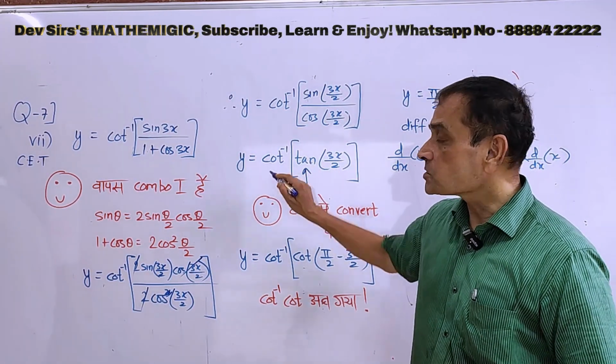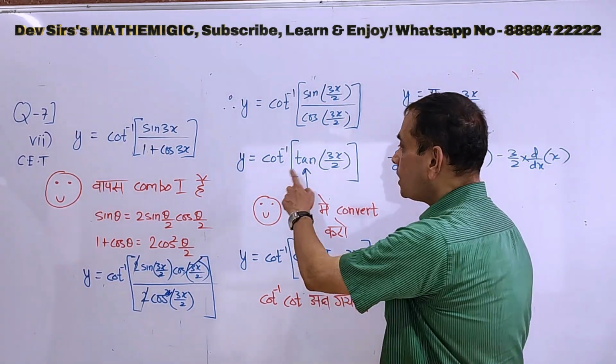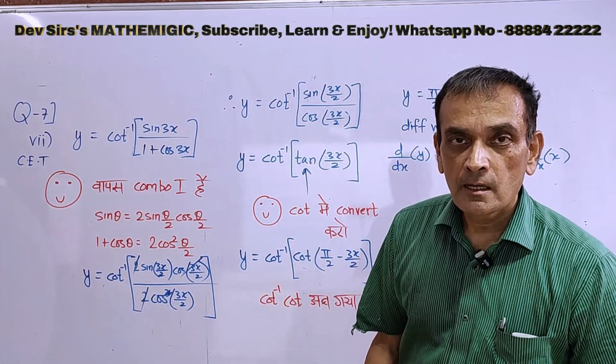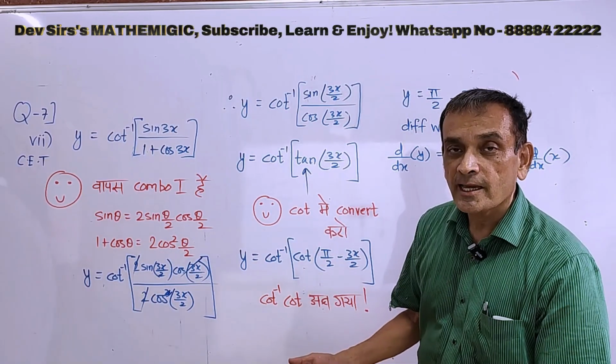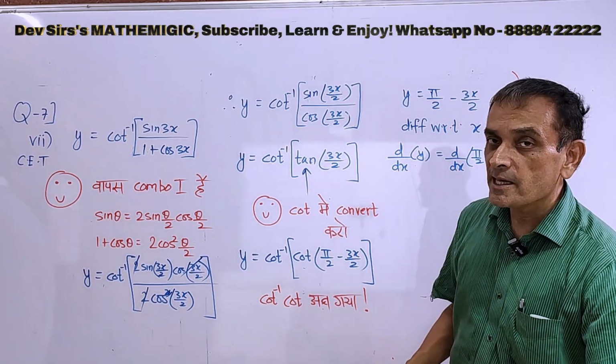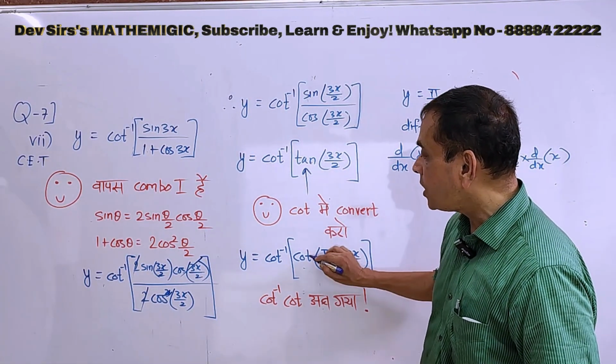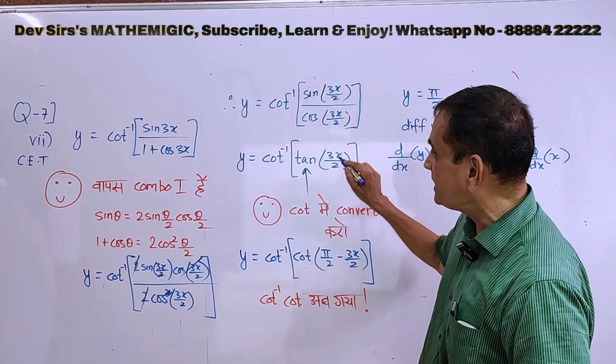Why? Because cot inverse is there. So after converting into cot, cot inverse cot कैंसिल होते हैं. So cot में कन्वर्ट करने के लिए 10 स्टैंडर्ड फॉर्मूले कौन से है? अर्लियर सम में लिखा था, अभी वापस नहीं लिखने वाला हूं मैं. So just convert tan into cot and write pi by 2 minus theta.